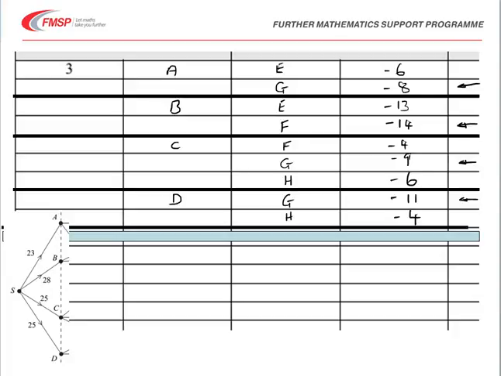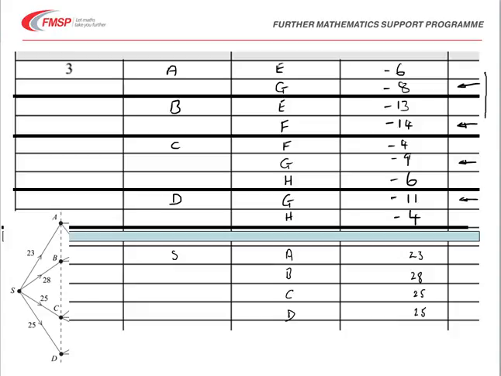And so now we're coming back one further stage, stage 4, where we'll get to S. And from S, we can reach A, B, C, or D. And reading off from the table, the costs there are 23, 28, 25, and 25.